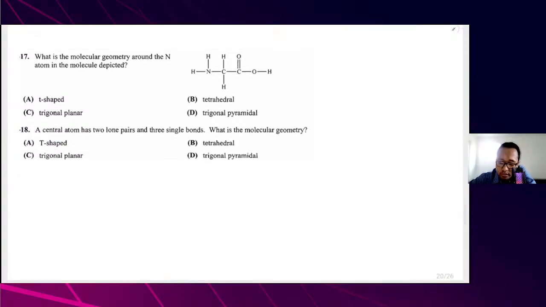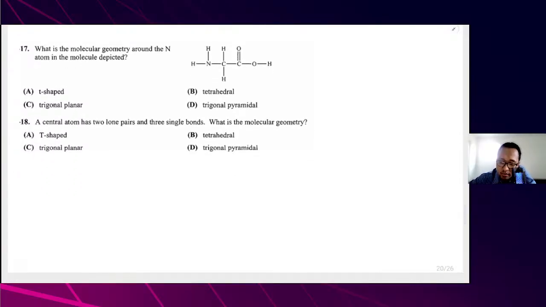What is the molecular geometry around the N atom in the molecule? Around the N. Okay, this one, right? So, is there any lone pair? I think so. It should be N, H, H, and then over here is C, and then there is a lone pair over here.